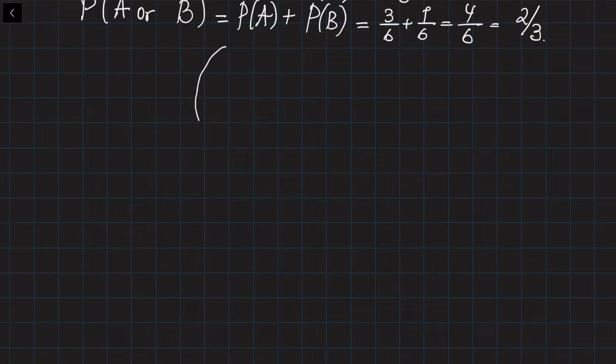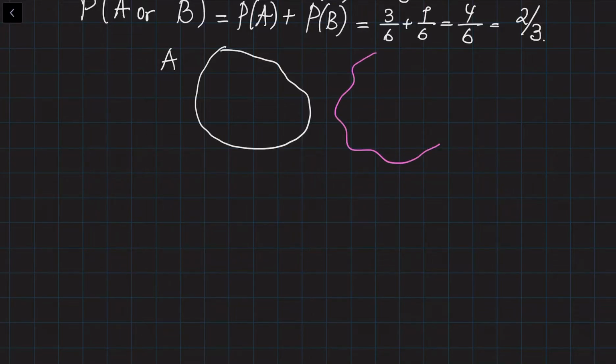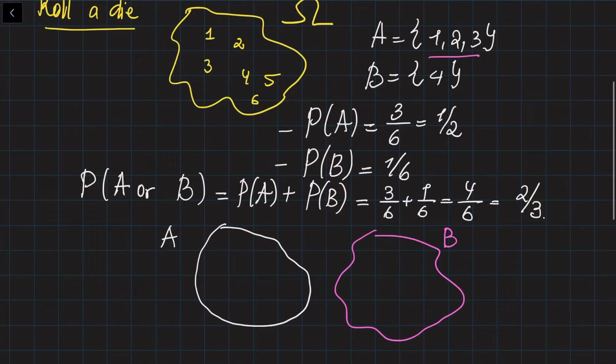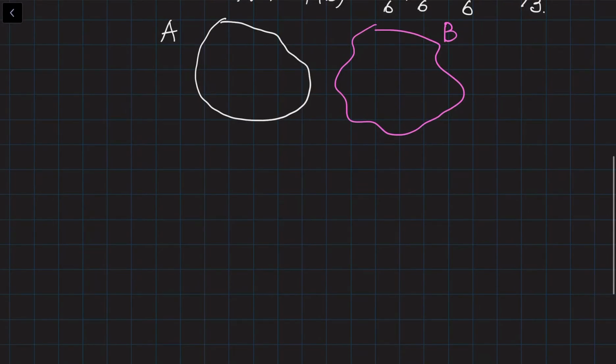If you look at A as one set, B should not have any intersection points with it, right? So A has 3 items and B has just 1 item, but they are not intersecting each other. We call this kind of events, where they cannot happen at the same time or do not have any intersections, mutually exclusive events.